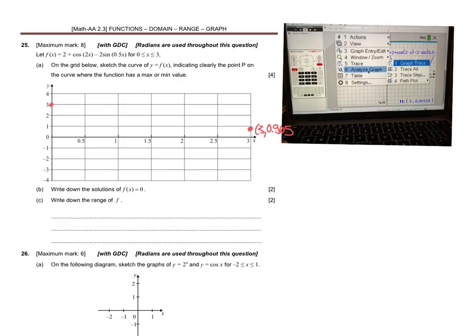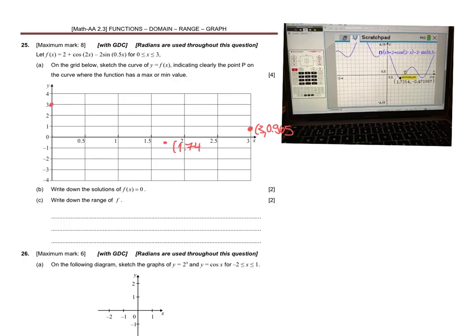So analyze graph, minimum, and we want the left and the right side. So that's 1.74, negative 0.472. That's P. And then we need our x-intercept.